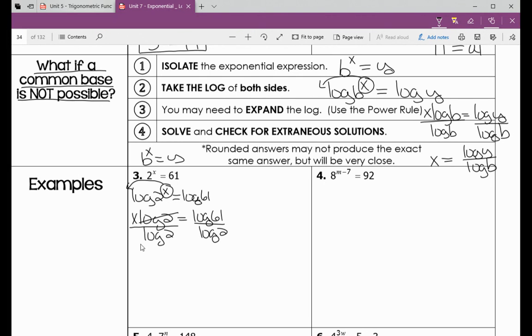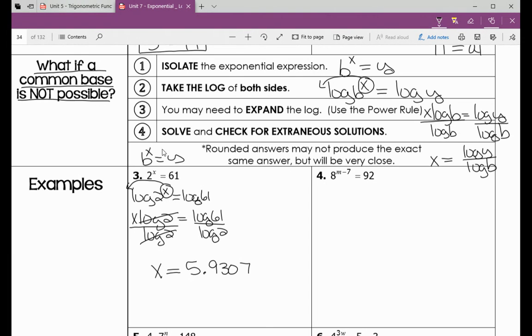So the log 2 and the log 2 will cancel and leave me with just x. Now, when you type this in your calculator, log 61 divided by log of 2, you should get 5.9307. Do that on your calculator. I will pause.